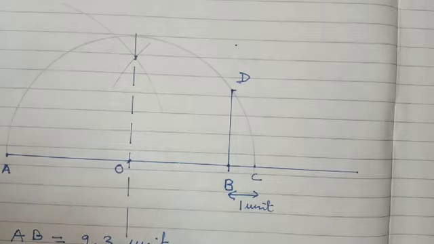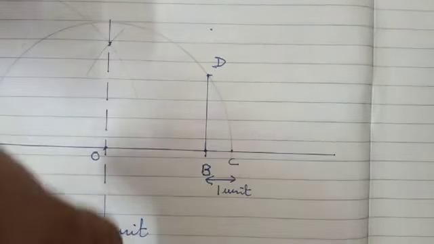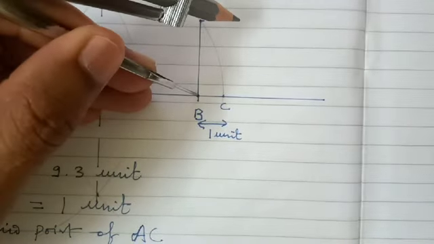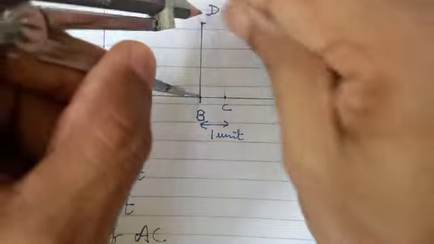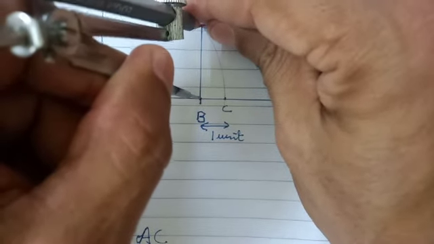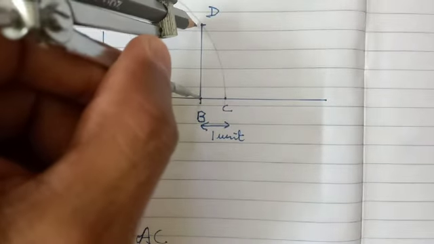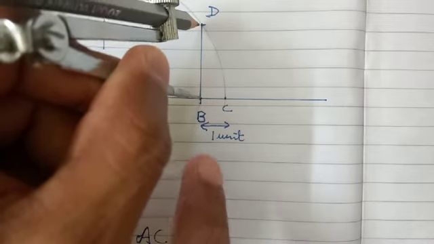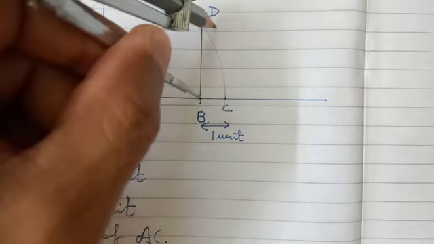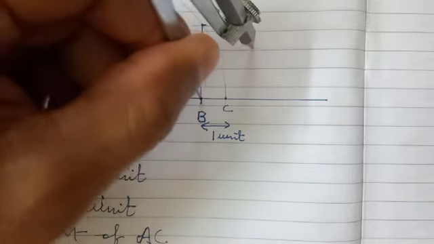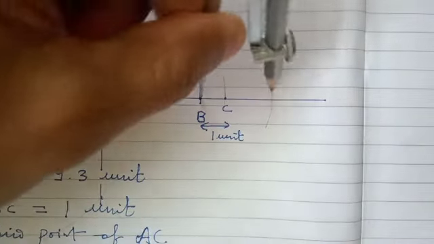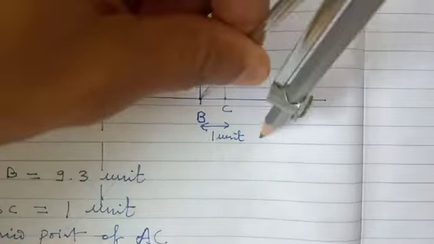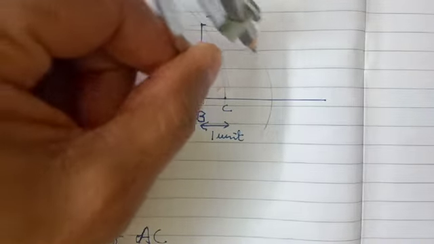Now take B as a center and BD as a radius, and cut an arc on the number line.